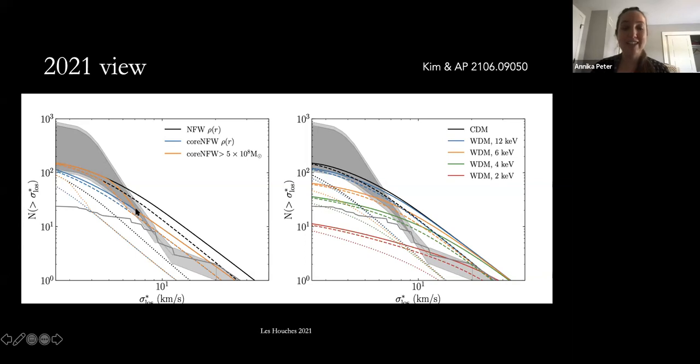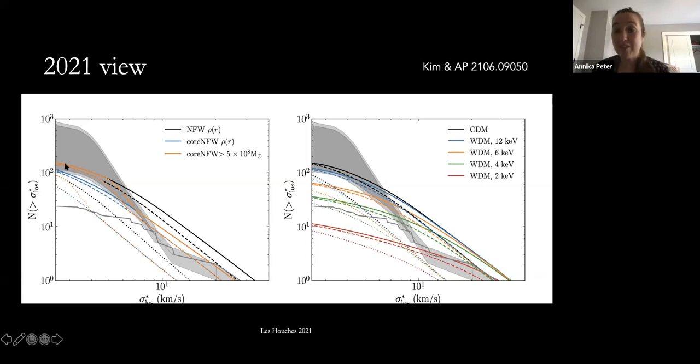And so what we find, based on these simulations that we've now encoded into an analytic model, is that the best fit for this observed population of satellites of the Milky Way is a model in which you have a cold dark matter like halo mass function, but where baryons are able to move matter around in the inner parts of the more massive of the satellite galaxies, which is represented here by this orange line.